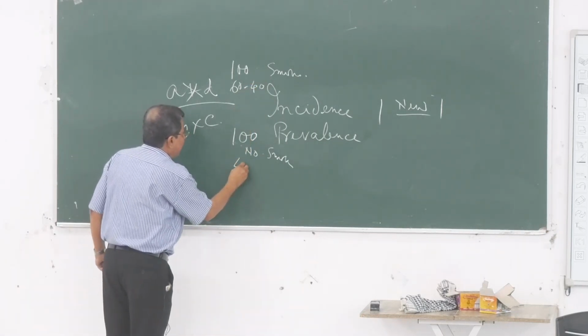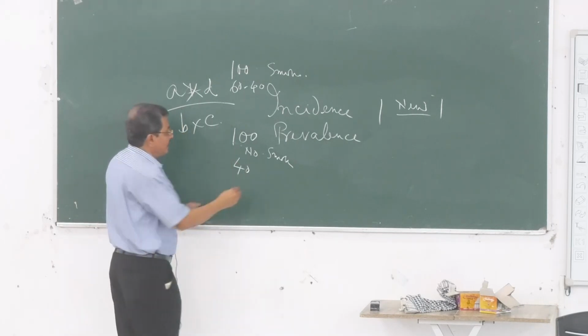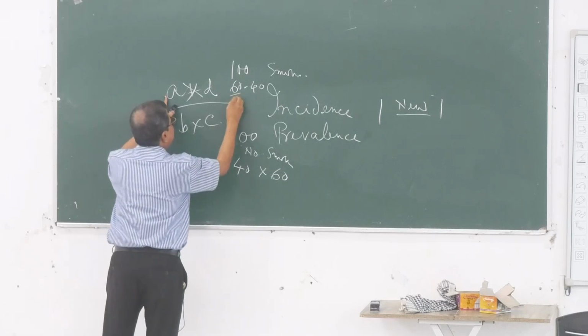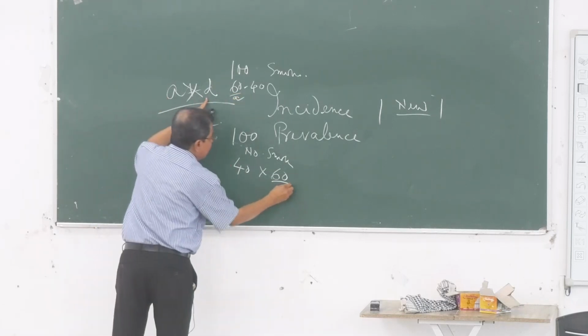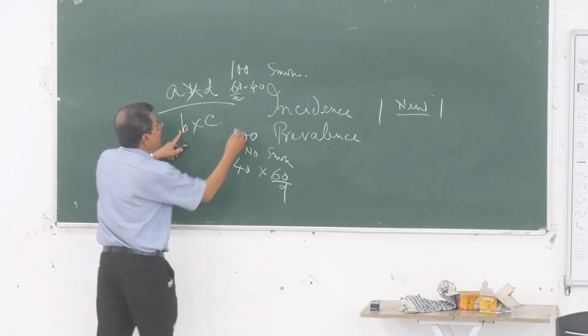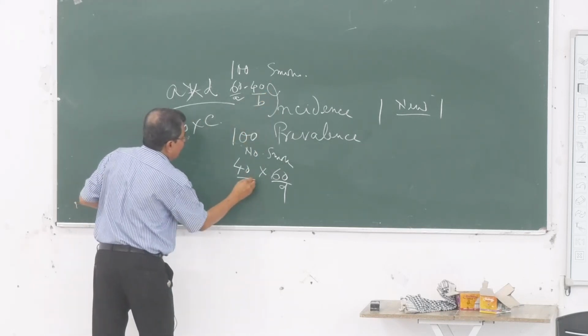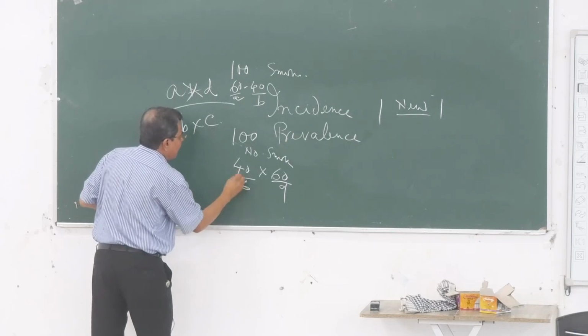Among the non-smokers, 40 developed the disease and 60 did not. So this is A, this is B, this is C, and this is D.